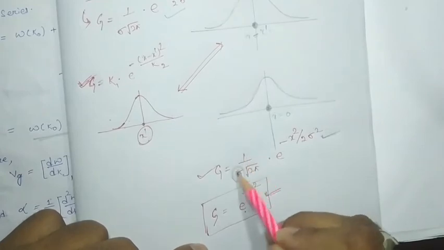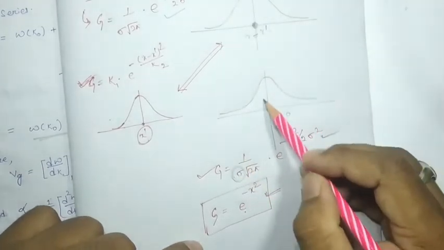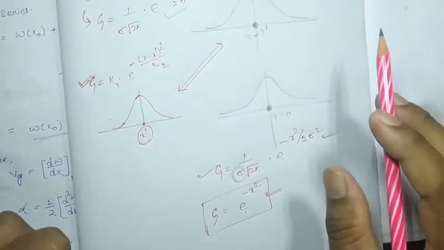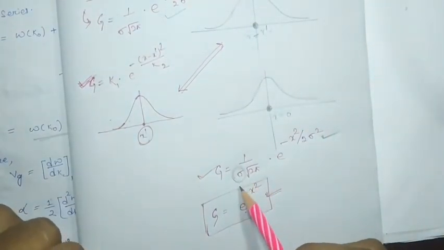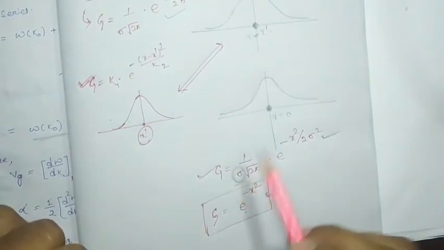So when sigma tends to 0, the peak height will be maximum. This is the physical meaning of sigma here.